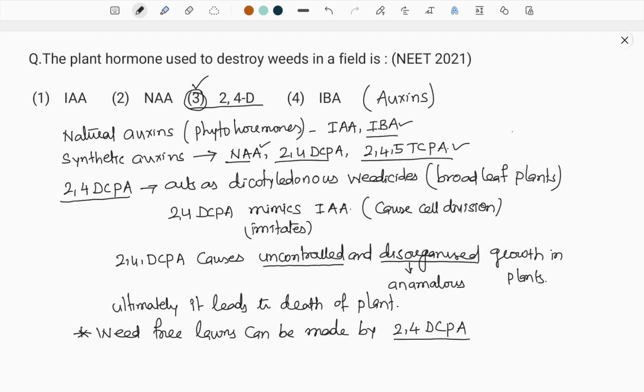Synergistic means both hormones have the same effect, and that effect gets amplified, multiplied, on the plant. Complementary means two hormones give different effects, but ultimately they enable a metabolic reaction to occur successfully in the plant.